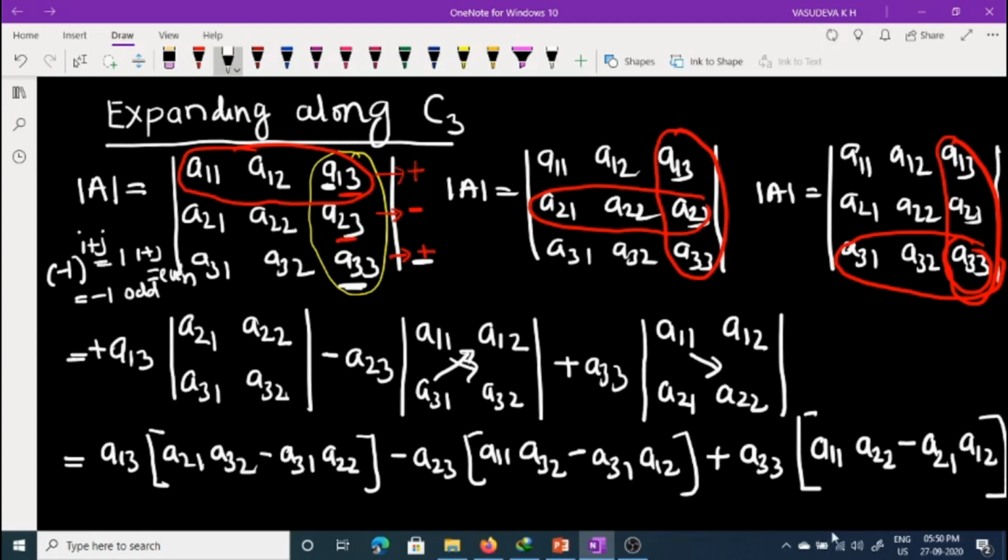So this is the expansion of the determinant along column 3. We can observe that when expanding along any row or any column, the determinant will be the same.